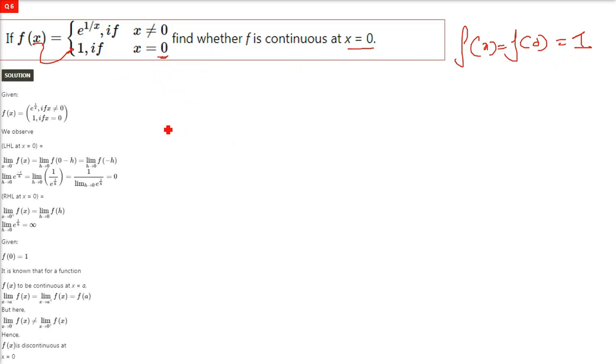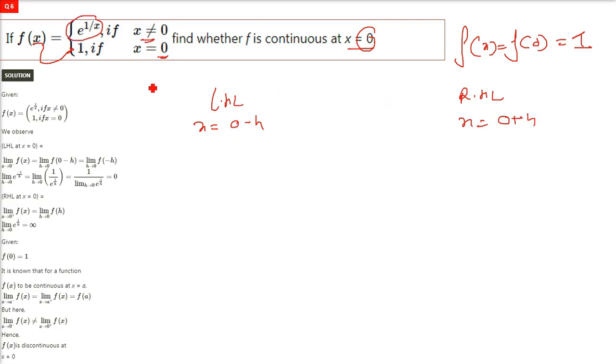So how do we do this? Remember, discontinuity and continuity is directly related to differentiability. So at x equals 0 we will check LHL and RHL. What is the left hand limit? We will put x as 0 minus h, and on the right hand side we are going to put x as 0 plus h. So we'll use the first one because x is not equal to 0.